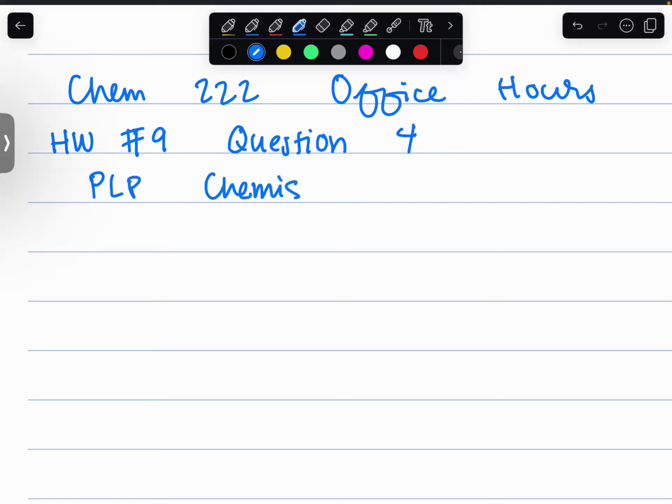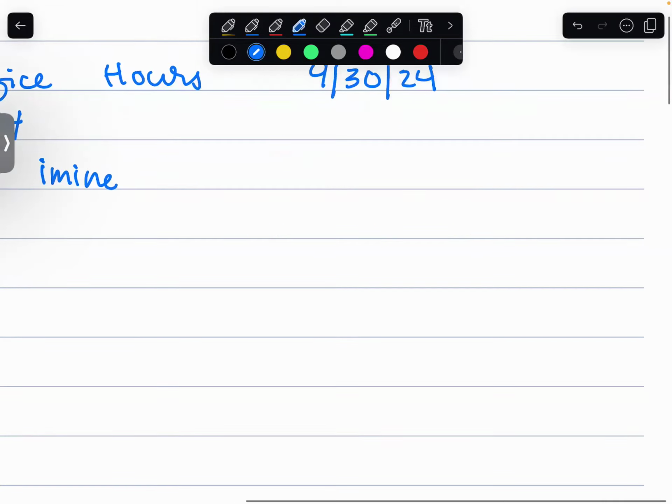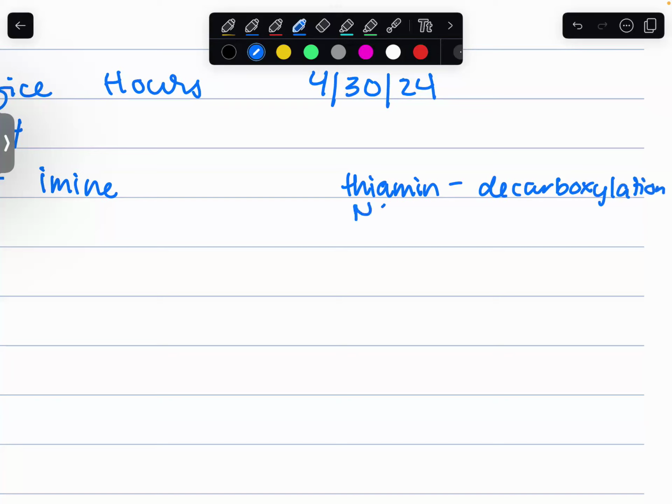The main thing you want to know for PLP is it's going to help you form amines. So you can associate PLP chemistry with amines in the same way that you can associate your thiamine chemistry with decarboxylation, and your NADH chemistry with reduction. I'm pretty sure those are the three cofactors that we've covered.